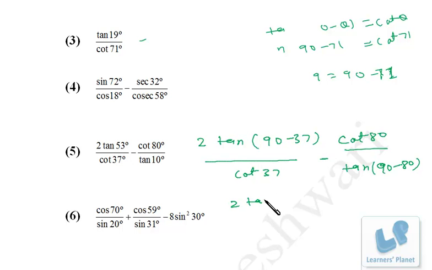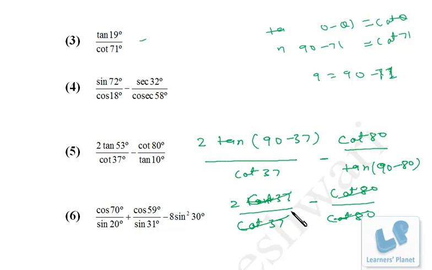So it's 2 tan 90 minus theta is cot theta. Here theta is 37. So it will be 2 cot 37 by cot 37, minus this is cot 80. Tan 90 minus theta is cot theta. Here theta is 80. So it's further cot 80. Right? So it's 2 minus 1, that's 1. Okay. This sort of problems are really very easy. You just have to put up the values like this.